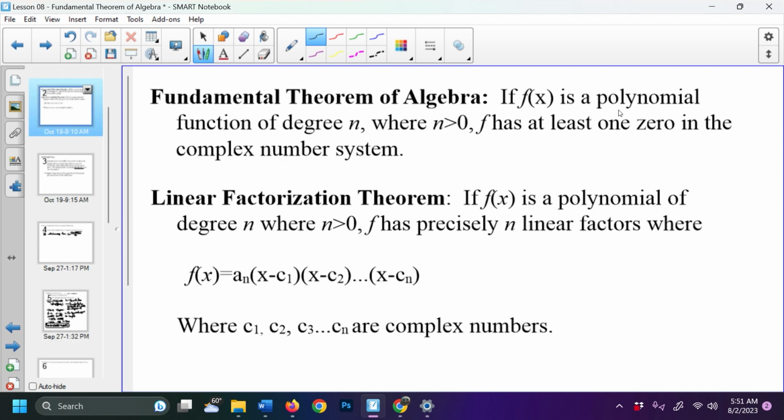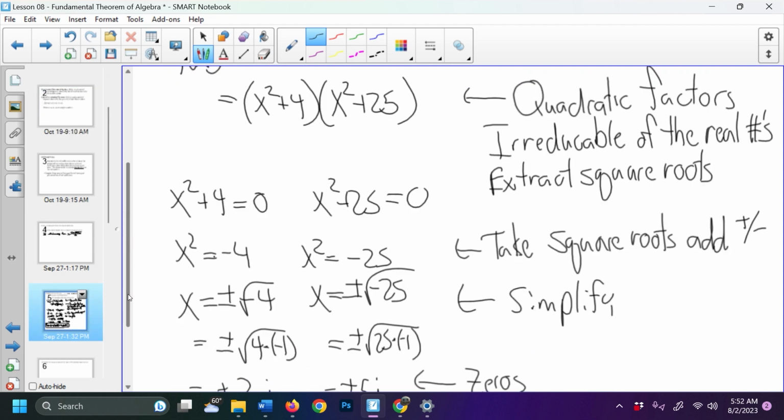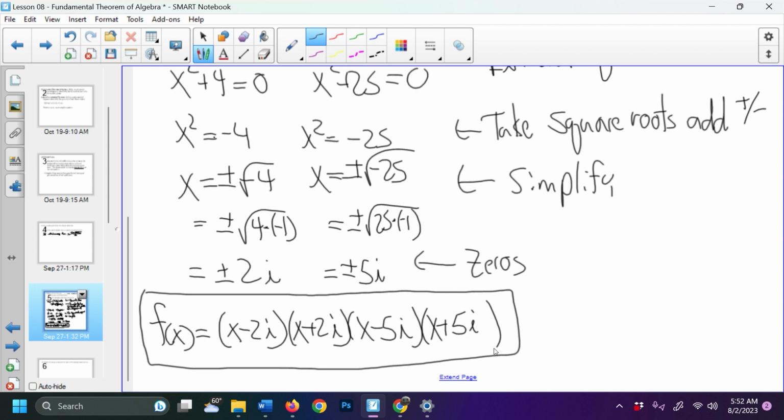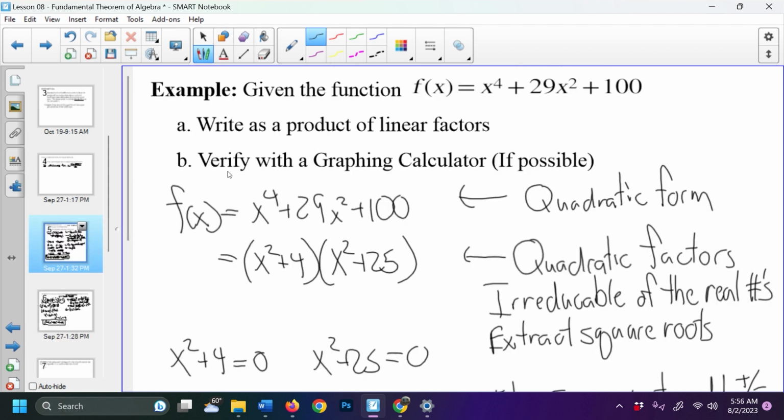It was a polynomial, so it has at least one zero in the complex numbers, and since it was a polynomial of degree 4, we have 4 linear factors, and all of them were pure imaginary numbers. 1, 2, 3, 4.